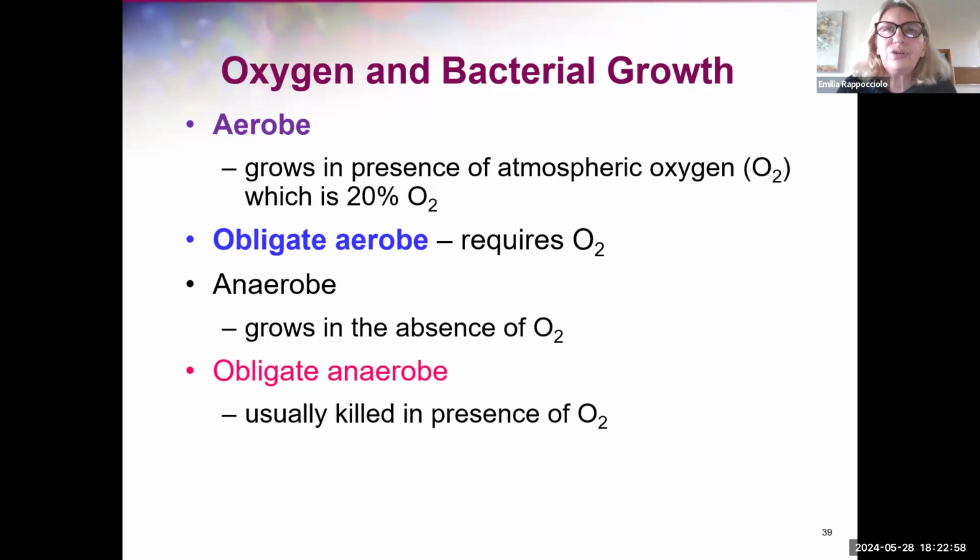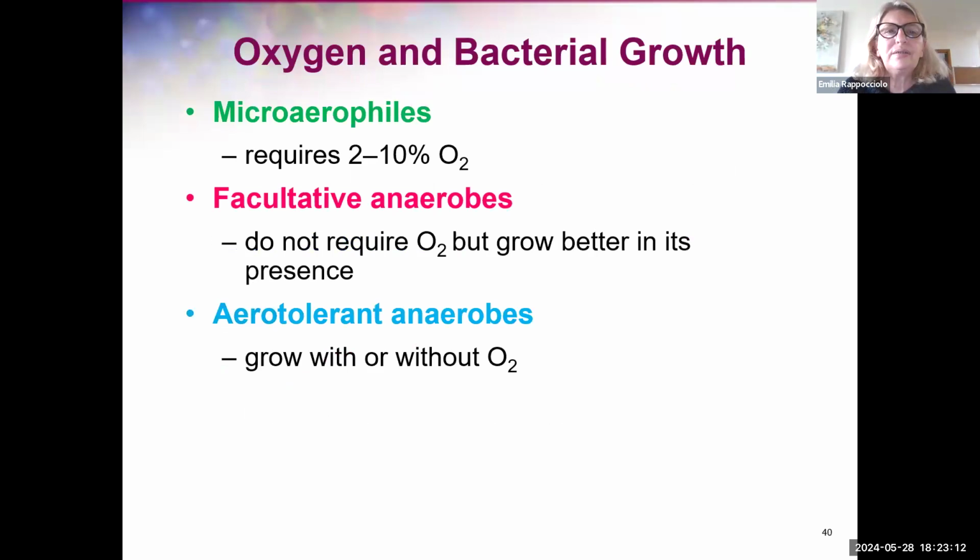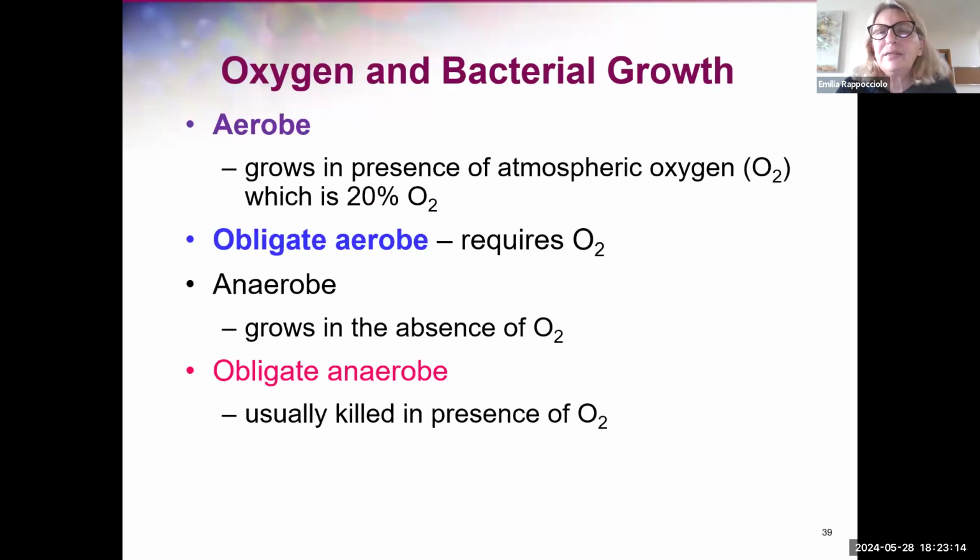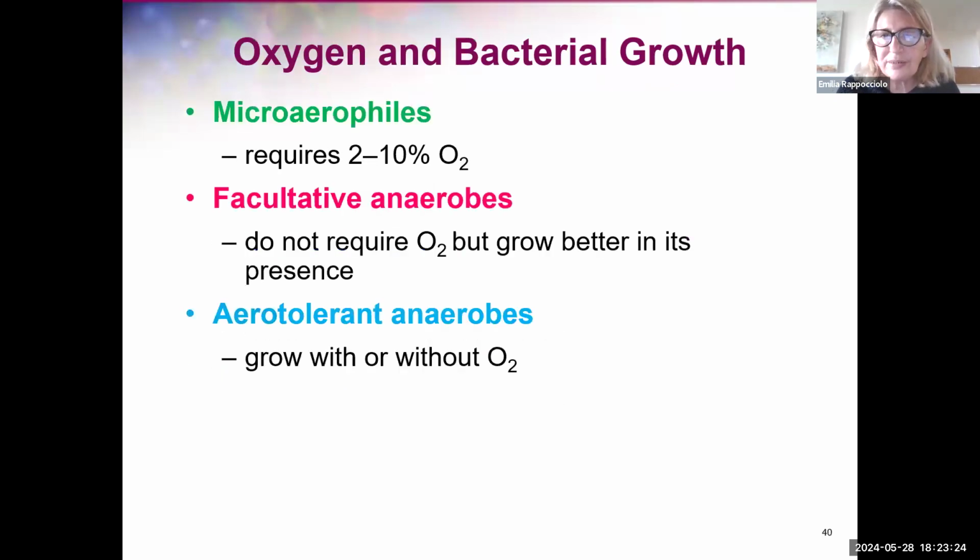Reactive oxygen species are excited oxygen molecules. It could be singlet oxygen, with an excited electron. It could be hydrogen peroxide. These are very dangerous, causing damage to DNA, to proteins, and to membranes, and killing cells.